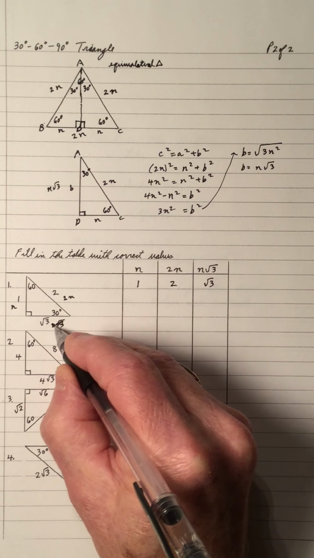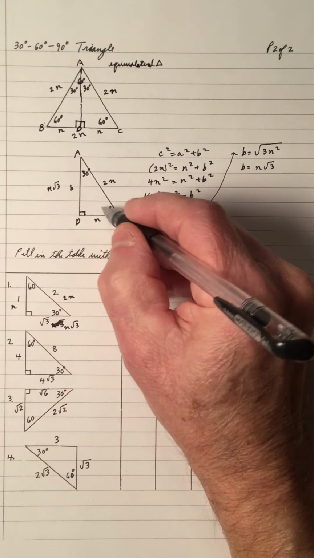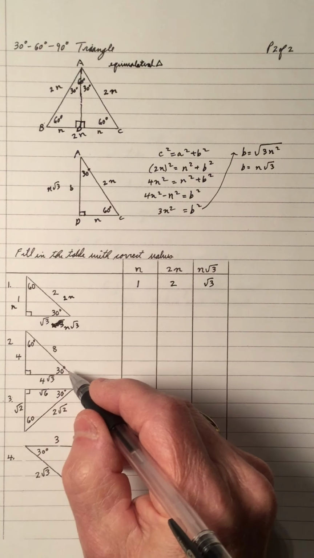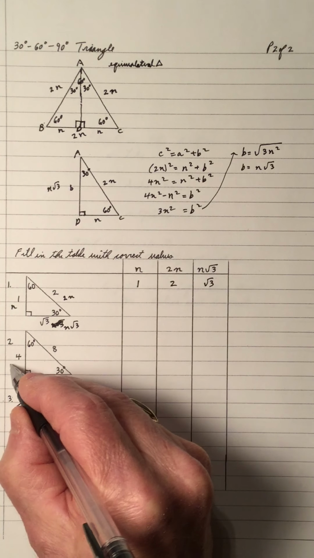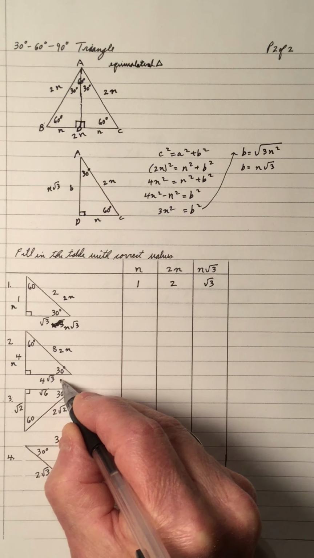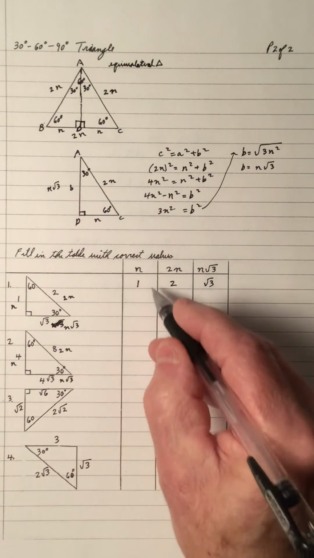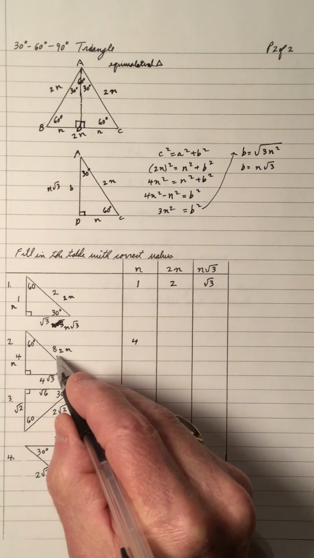In number 1, this side is n root 3, because opposite 60 is n root 3. Number 2, n is opposite the 30, that's the n, that's the 2n, and again this is n root 3. We're just picking them out. So what's n? n is 4. What's 2n? 8.